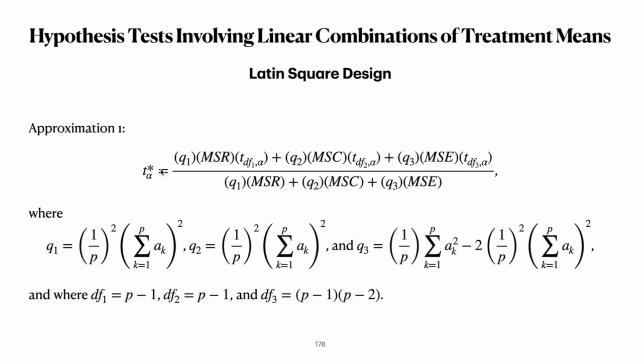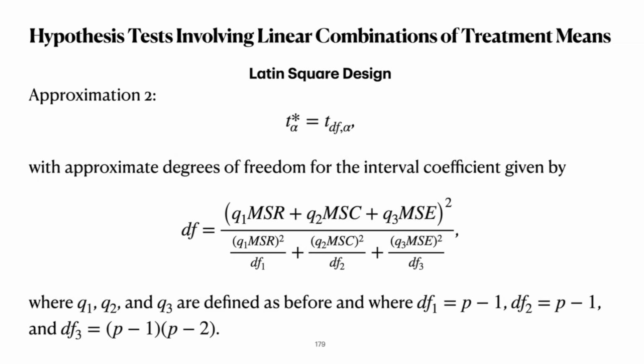The values for Q1, Q2, and Q3 are also given here. Incidentally, the values for Q1, Q2, and Q3 for approximation method 1 are the same as they are for approximation method 2, which we have on the following slide.